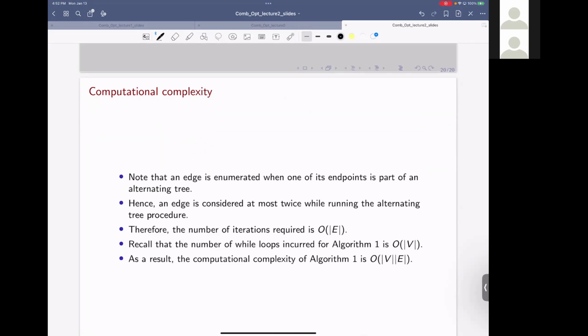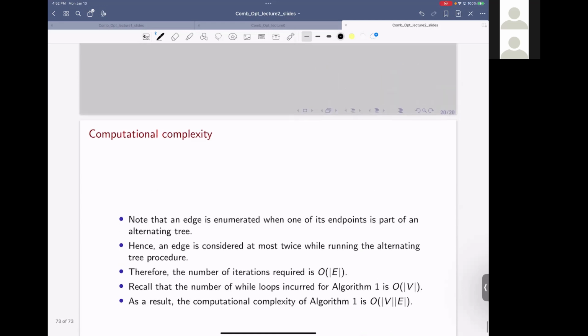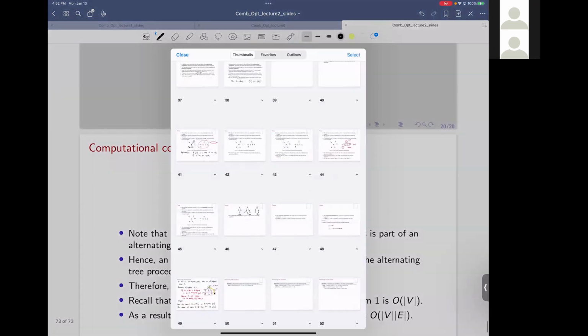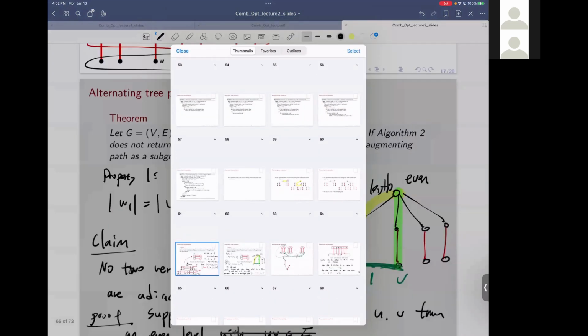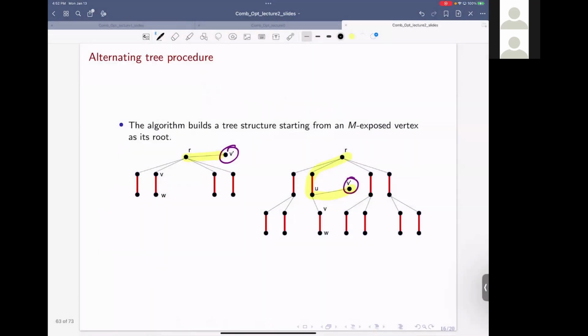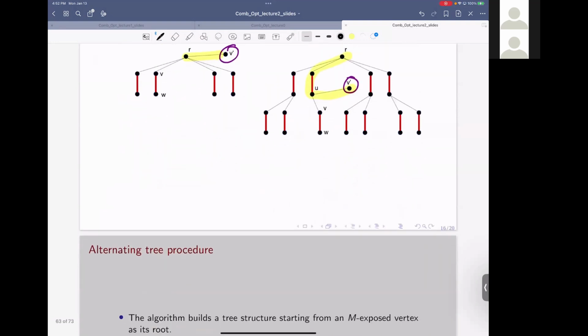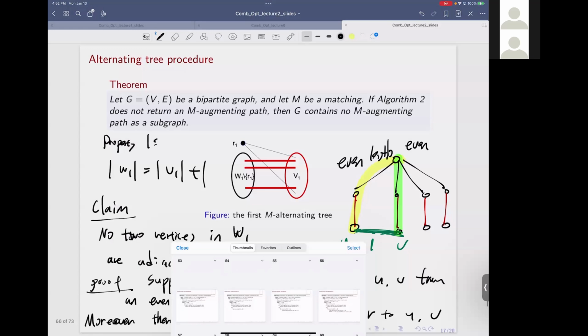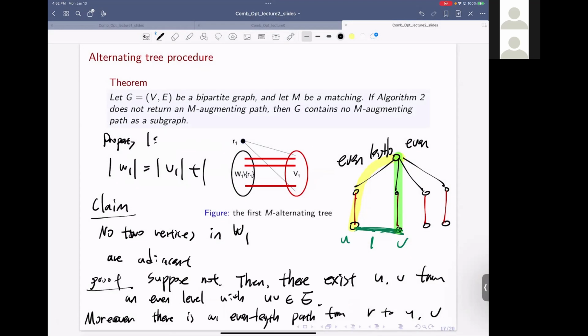Okay, let me repeat the alternating tree structure just one more time, and in 1 minute, I'll conclude. Again, we take an exposed vertex in the hope of finding an augmenting path containing this exposed vertex, and then we extend this alternating tree structure. If we find an augmenting path, then we are done. And if not, then we have a tree structure with the property that there's no edge between two vertices from an even level.